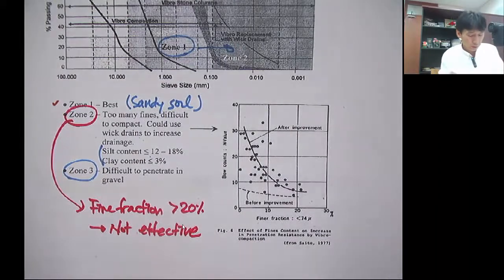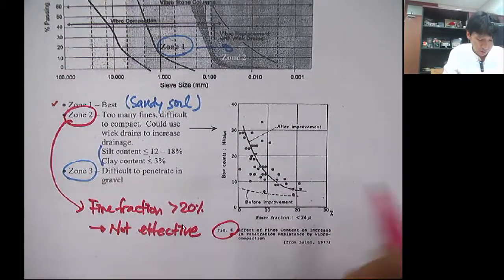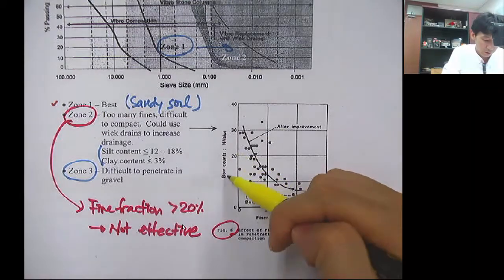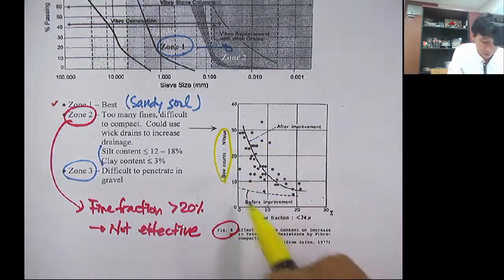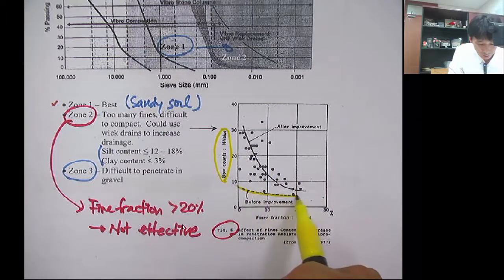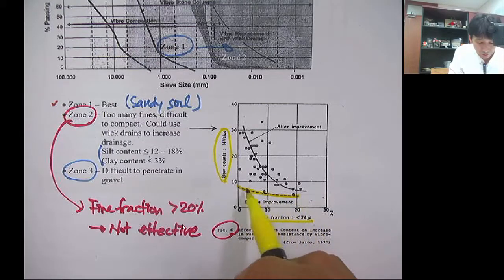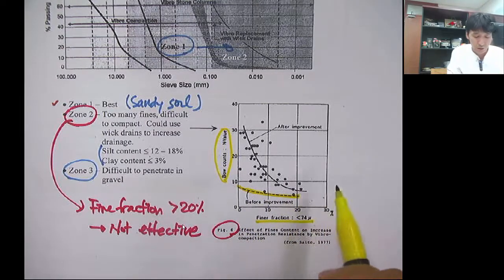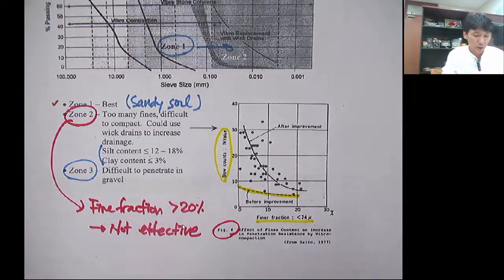So this can also be found in this graph. You can see the blow count, this is the SPT N value, and the N value decreases as the fine fraction increases. That means the strength of the soil decreases.